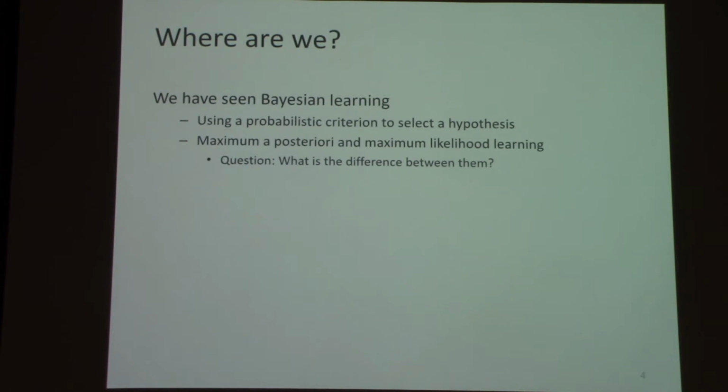Alright, so we've seen Bayesian learning. Bayesian learning is the idea that we use a probabilistic criterion to select the best hypothesis. And we saw two kinds of probabilistic criteria, maximum a posteriori and maximum likelihood. What's the difference between them? Yes? Domain knowledge of the hypothesis.